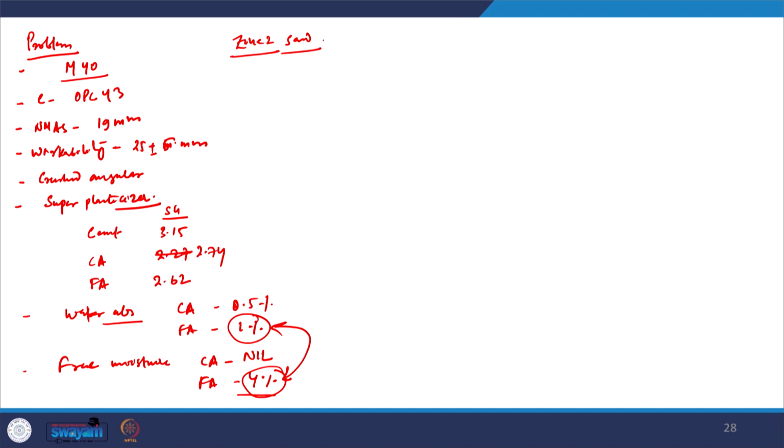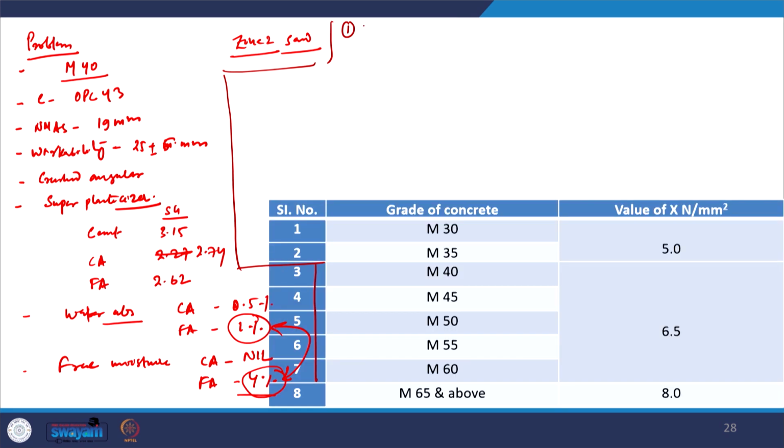With these inputs we can start completing the mix design, and we will use similar steps to what we saw in the last class. The first step is to calculate the target strength. For the target strength here also we have two formulas.